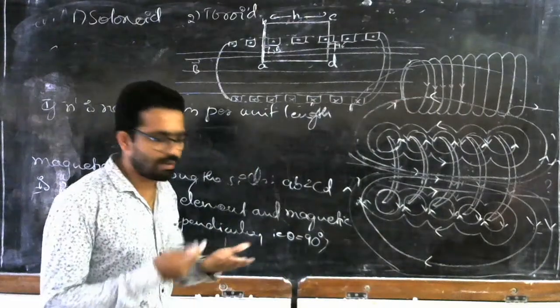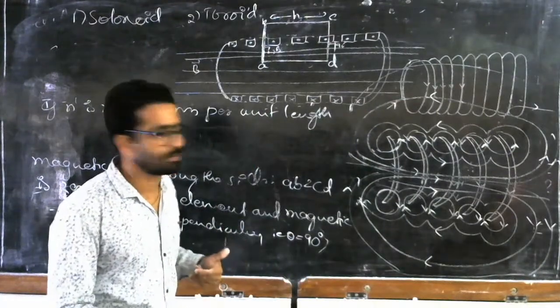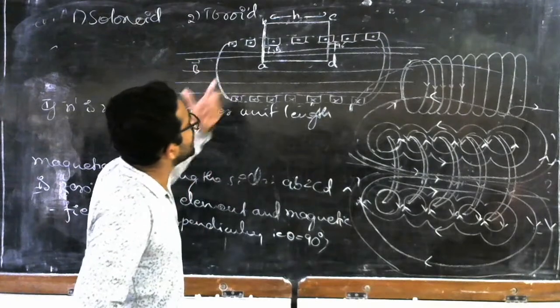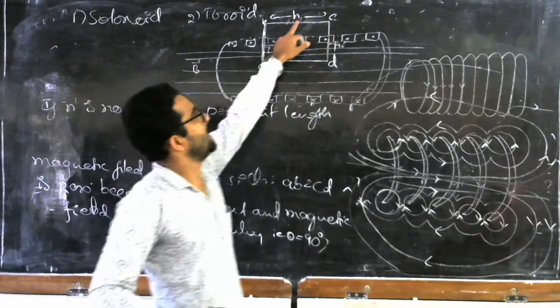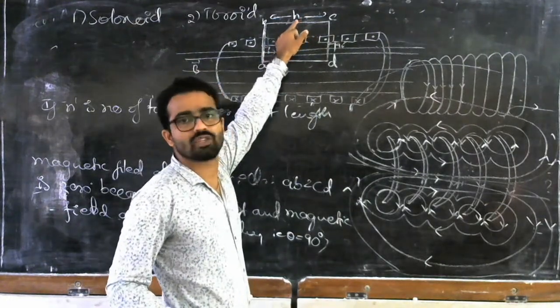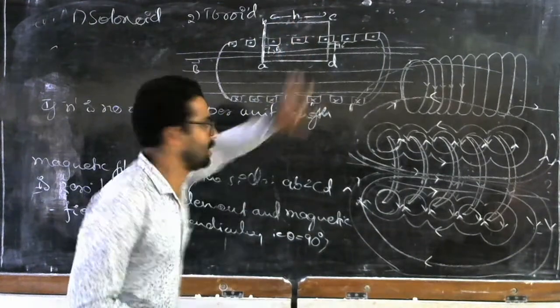Then the number of turns in a length h is equal to N into h.